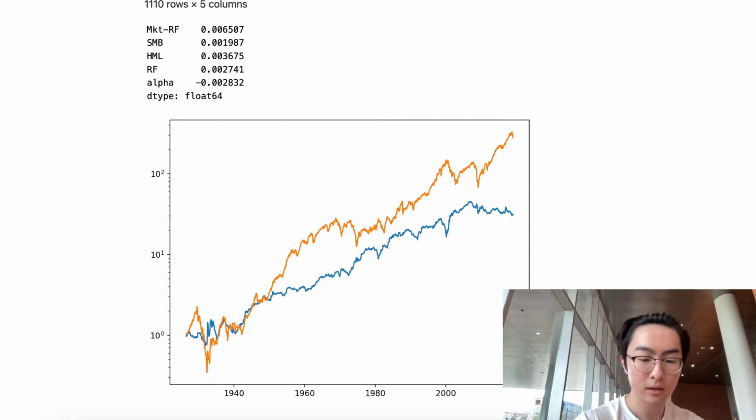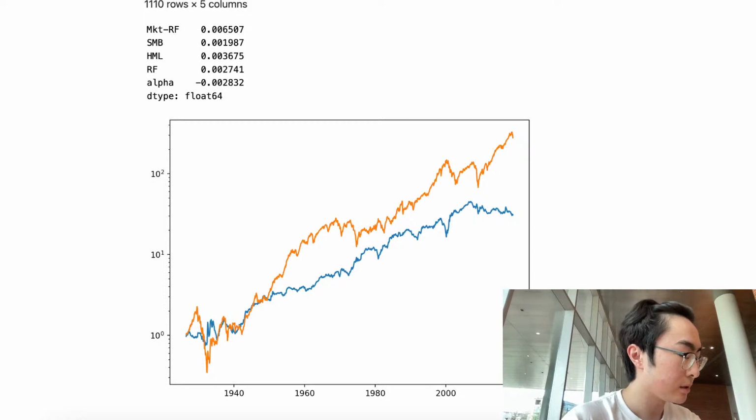Yeah. During good times, prices of growth companies rise. Low book to market ratios rise.